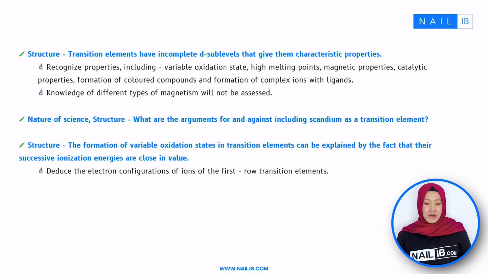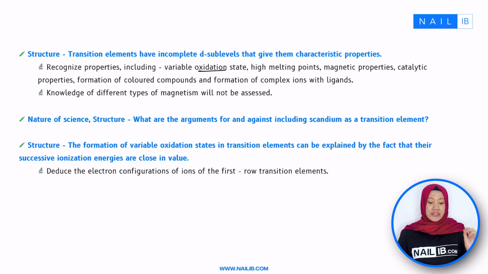First, variable oxidation state. For transition elements, in order to remove their electrons from the 4s and 3d orbitals, the ionization energy that is required is not that much different. So they will be able to have variable oxidation states.